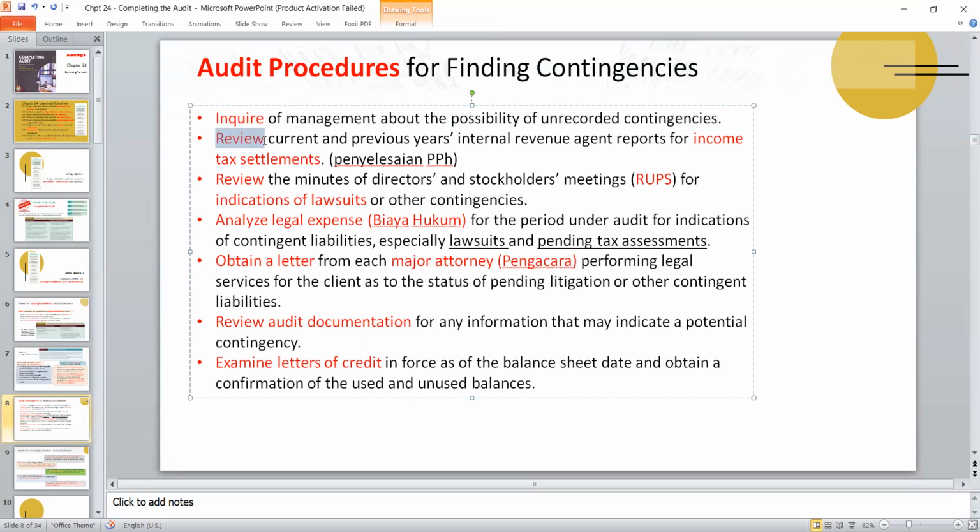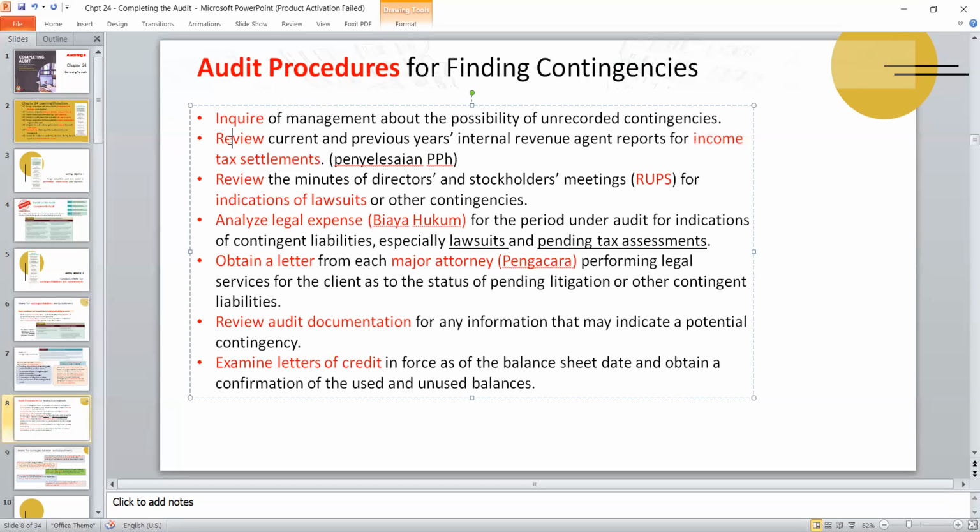Second, you can review the internal revenue agent reports for the income tax settlement. This is about the income tax settlement. Maybe it's not accurate, maybe it's late for the payment.